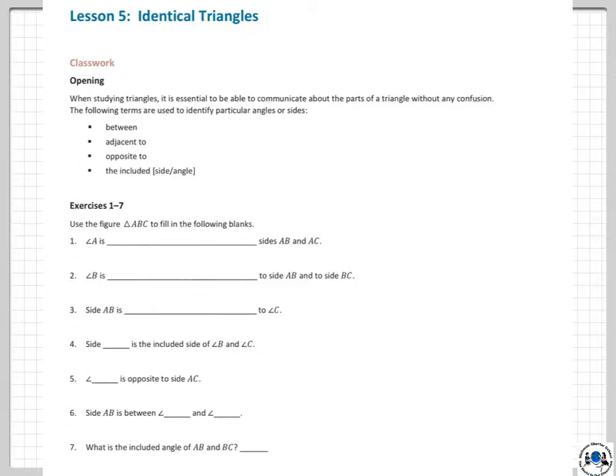When studying triangles, it is essential to be able to communicate about the parts of a triangle without any confusion. That can be confusing because triangles have three sides, and sometimes they'll all look alike, so it's hard to distinguish. The following terms are used to identify particular angles or sides.